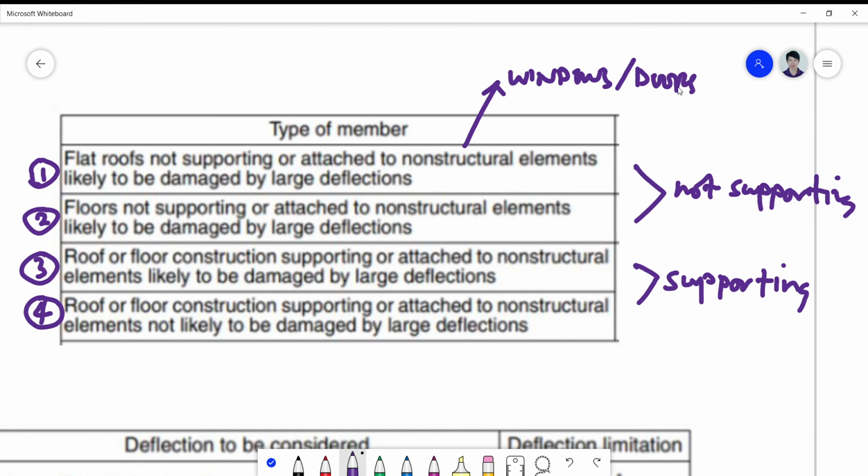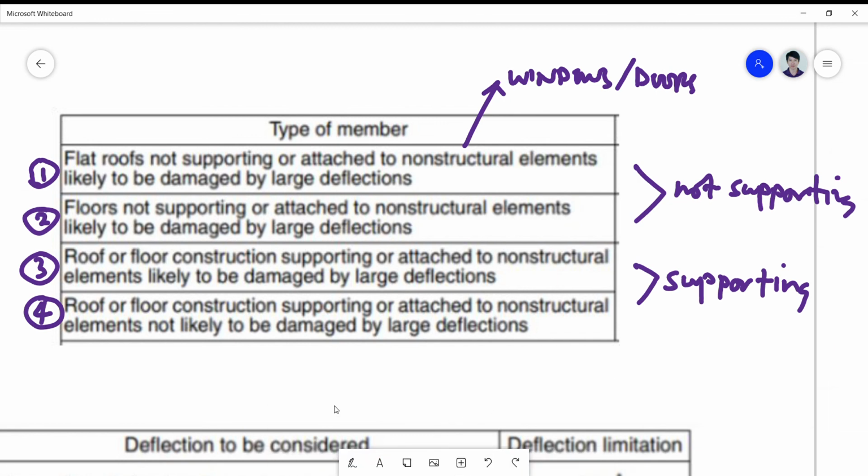Those are the non-structural attachments or elements. So we have actually 4 types of member, but we can summarize this into these two. These two here are for flat roof and floors not supporting, and these two here are for roof and floors which are supporting.